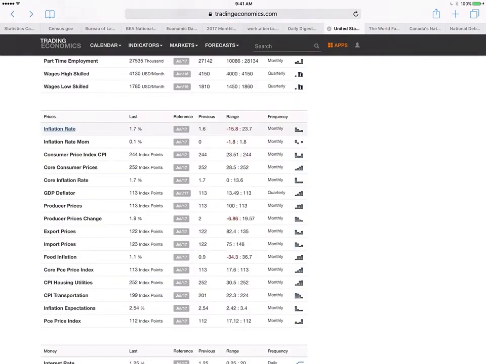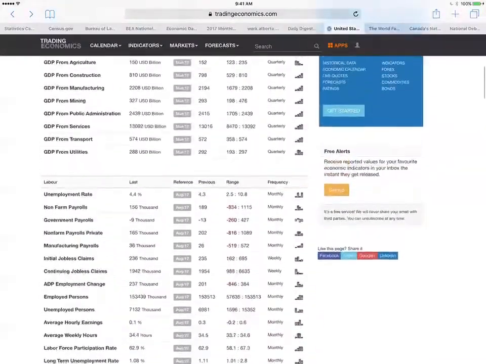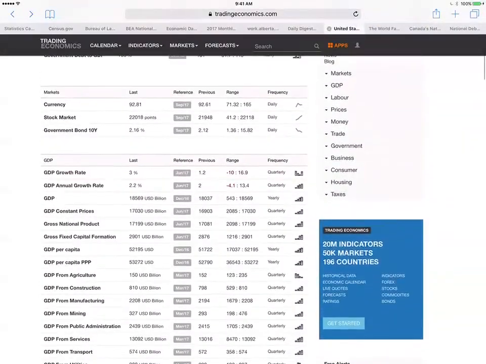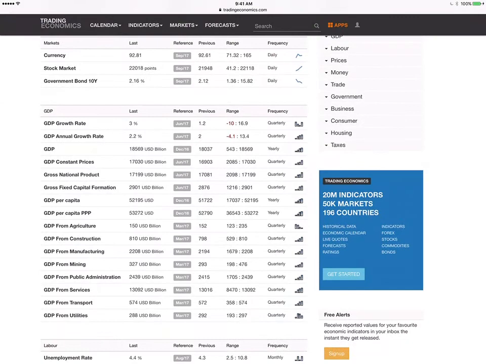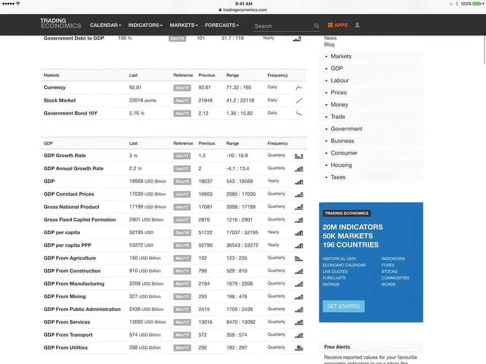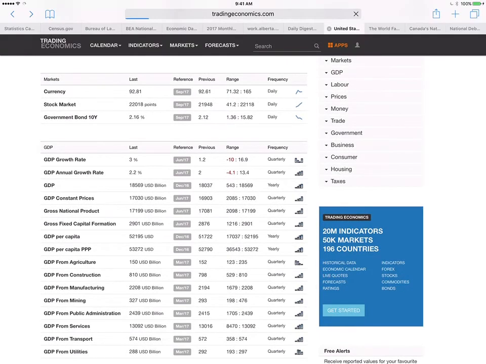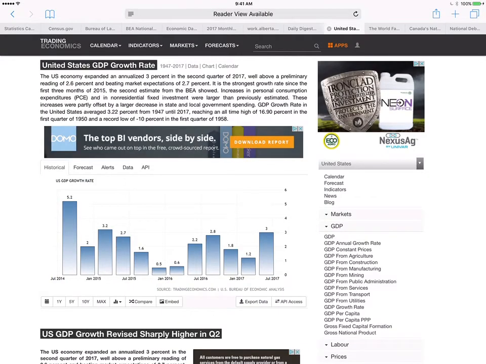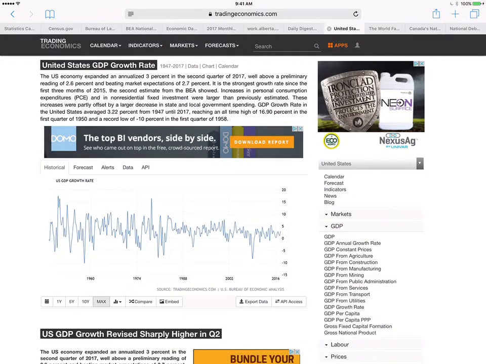So you can go through each country and look at information here. So we can look at growth, for example, and you can go maximum and you can see some instability in the market, years of growth and years of contraction.